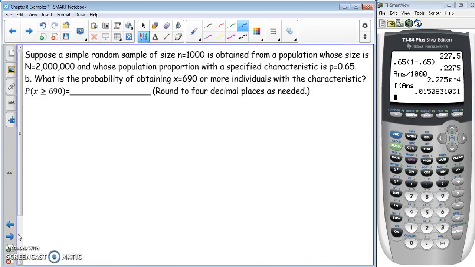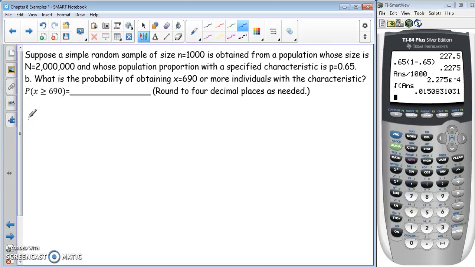We want to know the probability of obtaining X equals 690 or more individuals with the characteristic. You always want to make sure you're converting these to say the probability that p hat is something. Notice we have the probability that X is greater than or equal to 690. We need to convert that into a p hat statement.